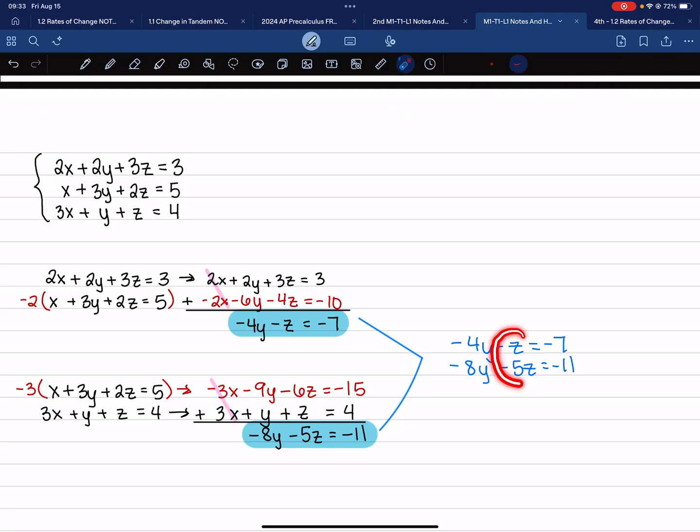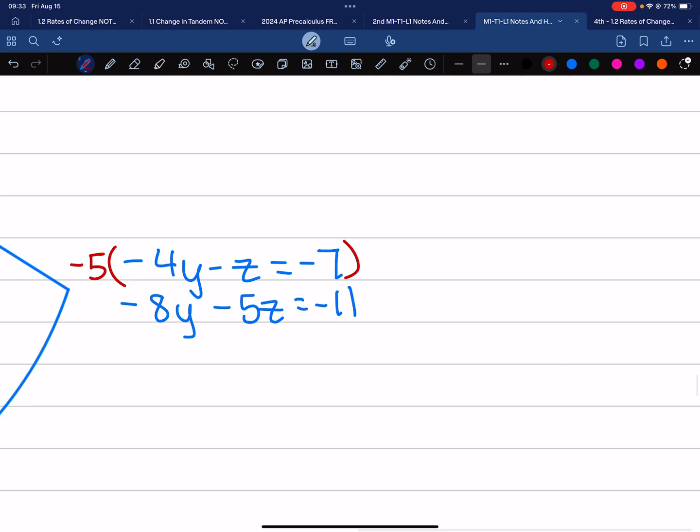So these we want to cancel out. We need them to be the same number but different signs. That means this second equation is going to be multiplied by negative 5. So the second equation is going to change. We get a positive 20y, a positive 5z, equal to a positive 35.